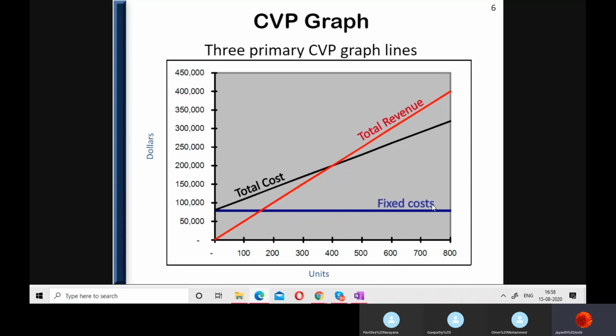This is the fixed cost, and total cost is a combination of fixed and variable. Variable cost will always vary with the number of units, and your total revenue will also increase with more units, because your selling price is multiplied by the number of units you sell. You sell more, you generate more revenue. You sell more, you generate more variable cost, but fixed cost is fixed.